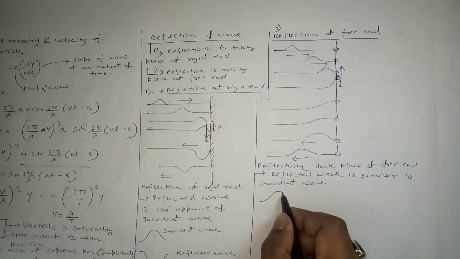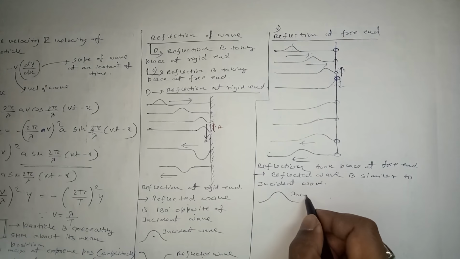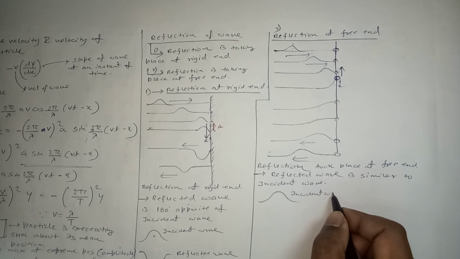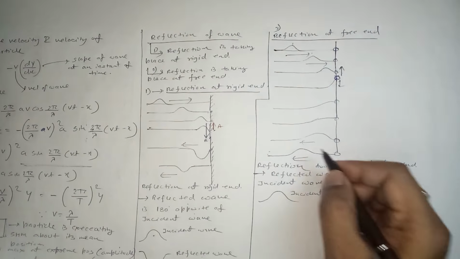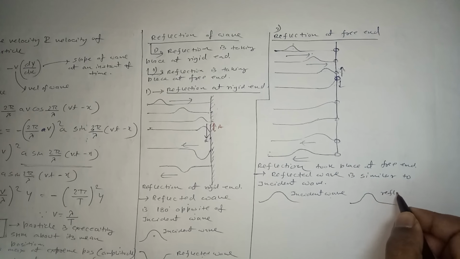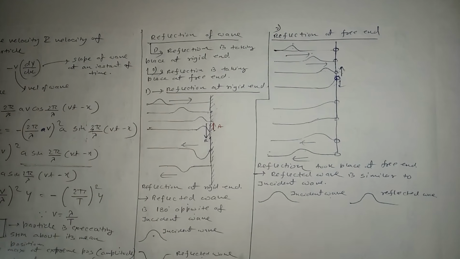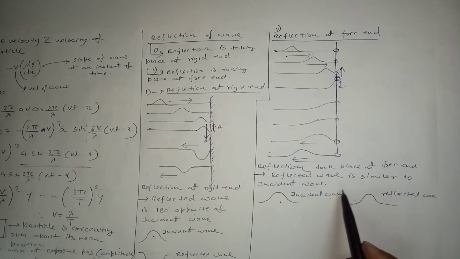If this is your incident wave, you can see this is your reflected wave. There is practically no distinction between them apart from the direction in which they are traveling.